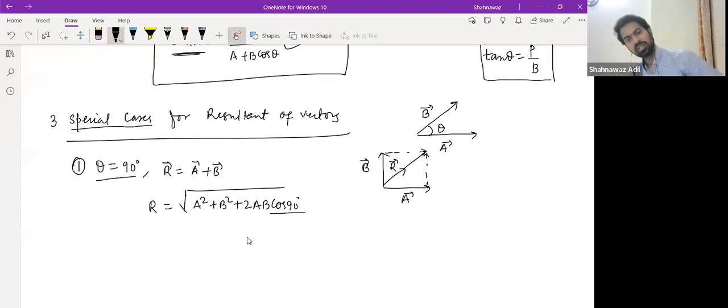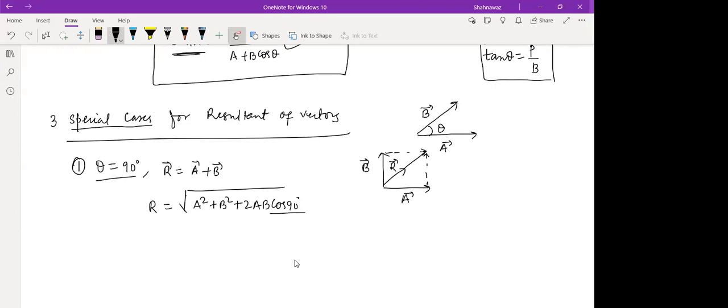Ifat, cos 90 is how much? Zero, that is the right answer.